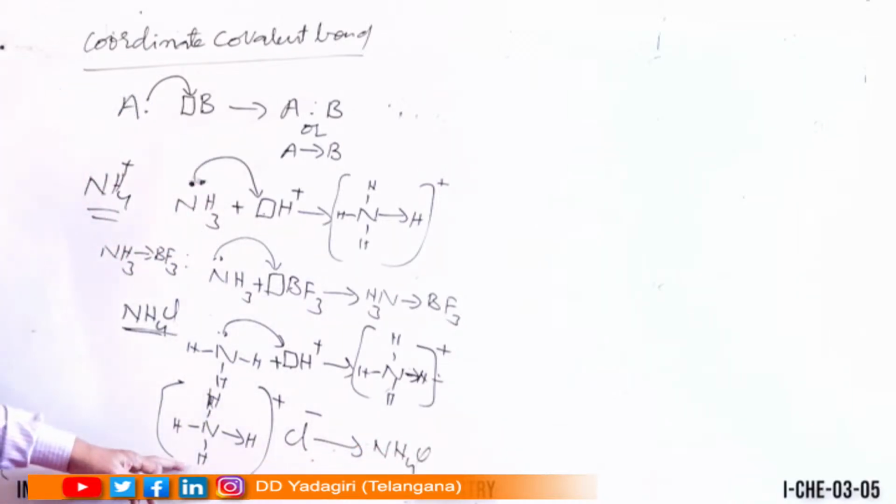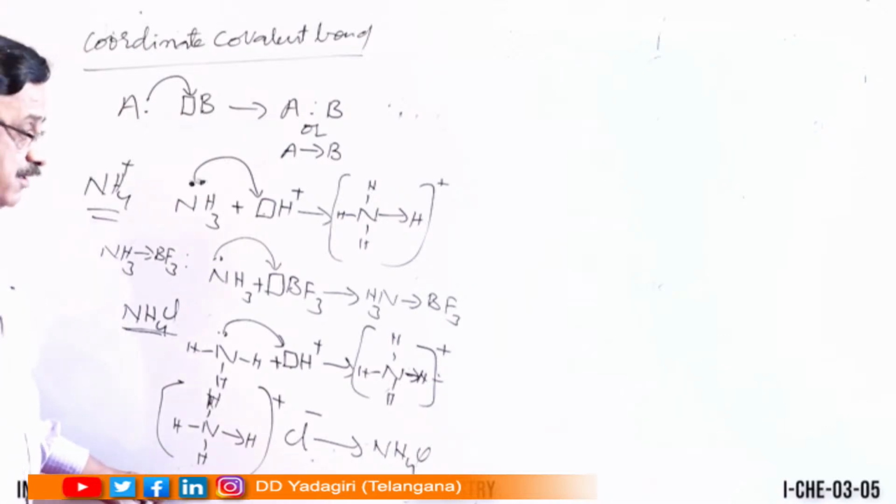So this is the molecule where all the types of bonds are present, right?